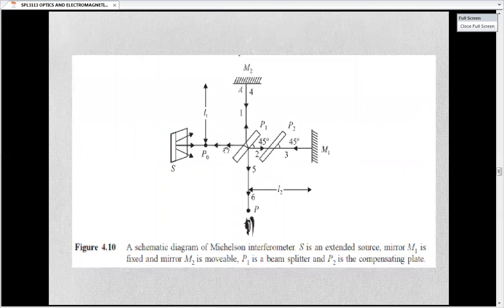L1 is the distance measured from the top of glass plate P1 and mirror M2, and the distance L2 is the distance measured from the silvered surface of glass plate P1 and mirror M1. So if these two mirrors are perfectly perpendicular, then the gap between M2 and the apparent position of M1 will be equal to the distance L2 minus L1.